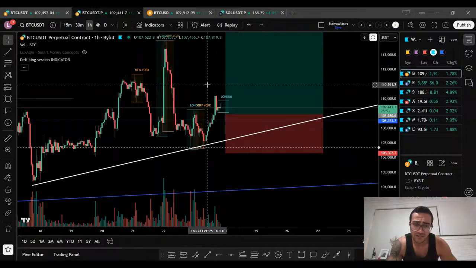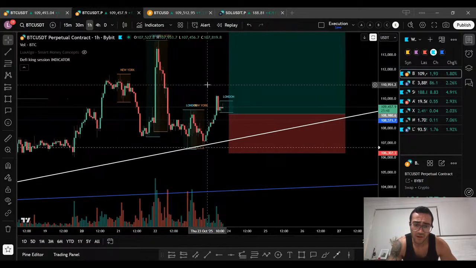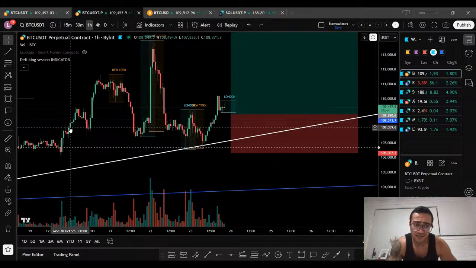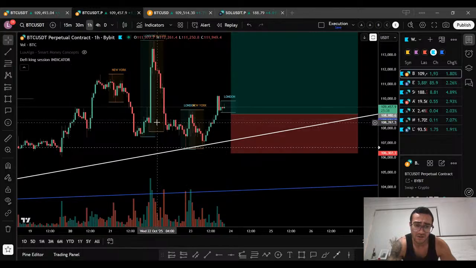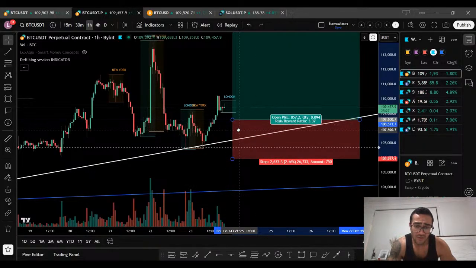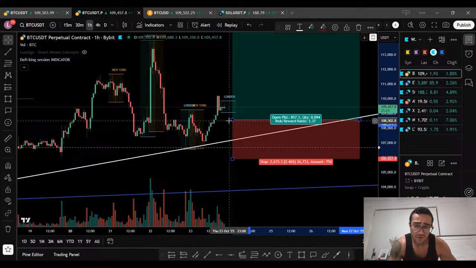Now, I don't need to take this trade, but I can kind of see exactly what's happened in the past in order for me. Yeah, okay, well, this blue line that I've actually drawn, that's an order block. I'm entering at 108,000.